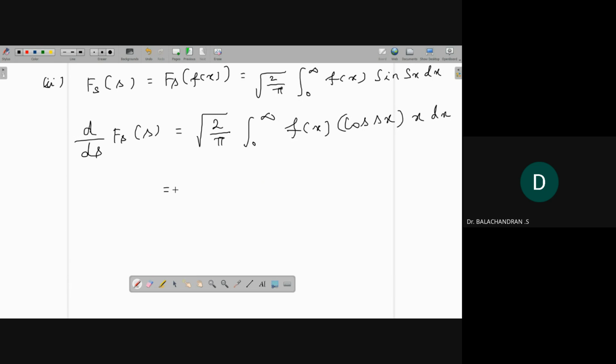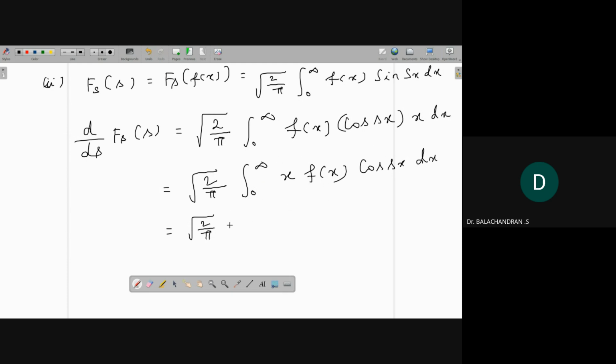So this is equal to root 2 by pi integral 0 to infinity x into f of x into cos sx dx.